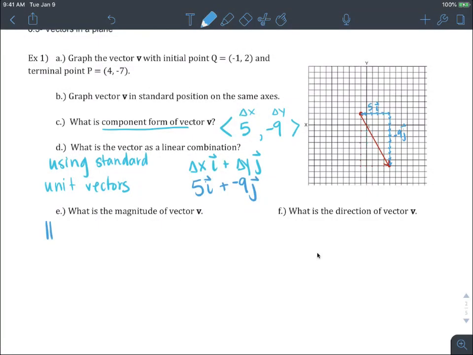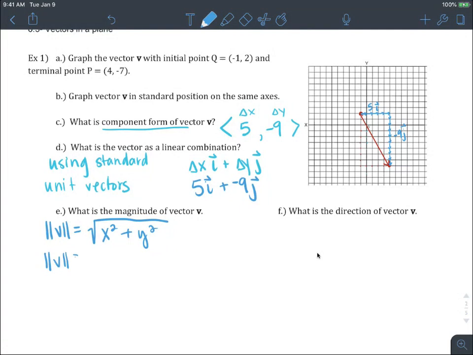All right, so another thing we have to do is find the magnitude of vector v. We write it like this: the magnitude of vector v, the double lines equal the magnitude. We basically use the distance formula or Pythagorean theorem. So the square root of the change in x squared plus the change in y squared.